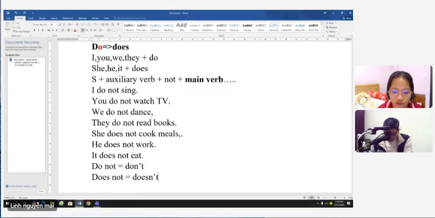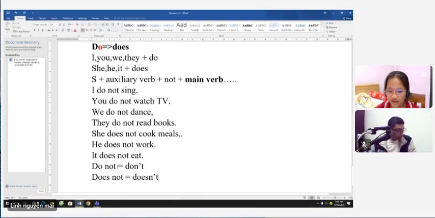So here is the short way to say do not and does not. Like I do not sing, we can say I don't sing. Or she does not cook meals becomes she doesn't cook meals. Okay? Easy, right?